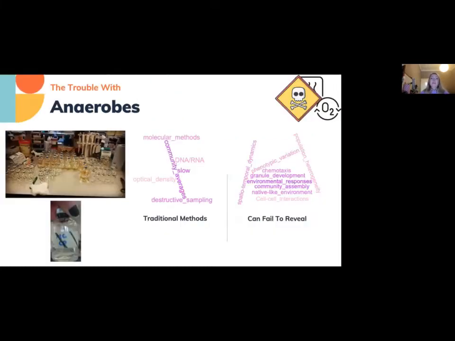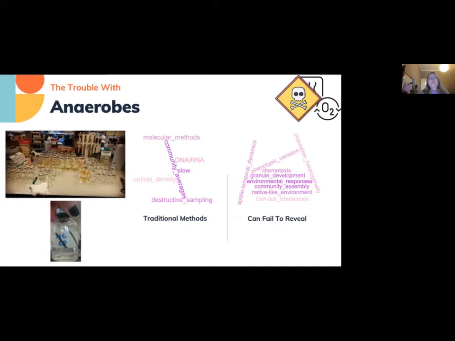But when we think of the tools that we have in our anaerobic culturing toolkit, they're not great. A lot of the time we use bulk or averaged community data, and we often have to use destructive sampling. And we can't observe cell-to-cell interactions or examine cells in situ environments.